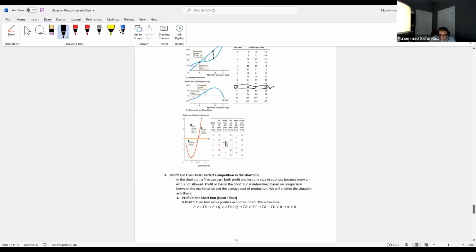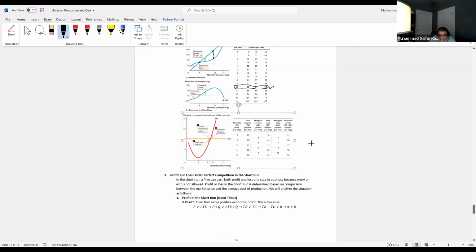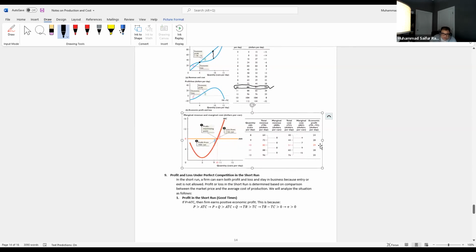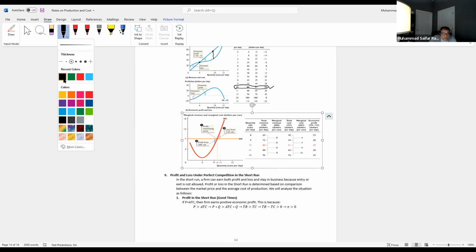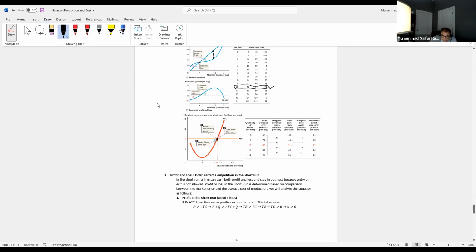Then we have this marginal revenue, marginal cost graph. And again, the graph that I showed you was much more complicated. Here you have marginal cost curves intersecting only the marginal revenue curve once. But finally, the idea here is that your profit is maximized where marginal revenue is equal to marginal cost.